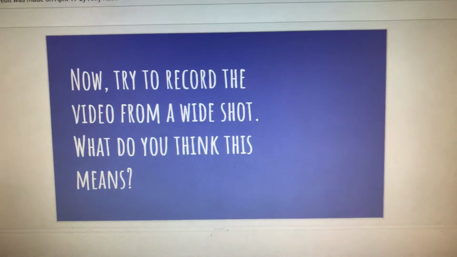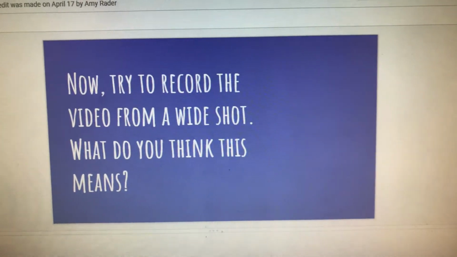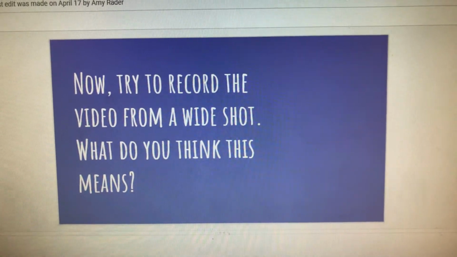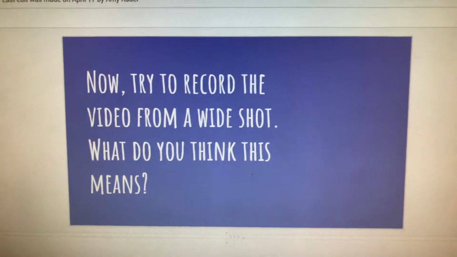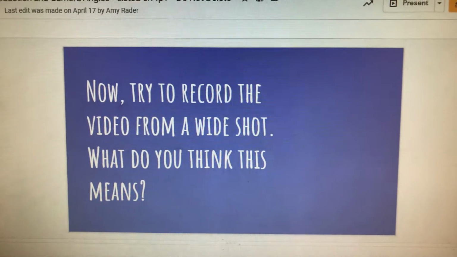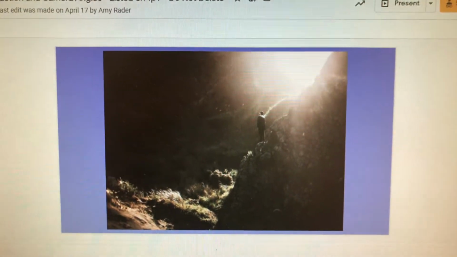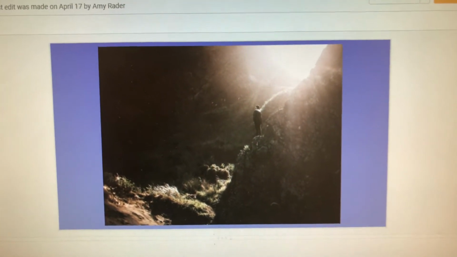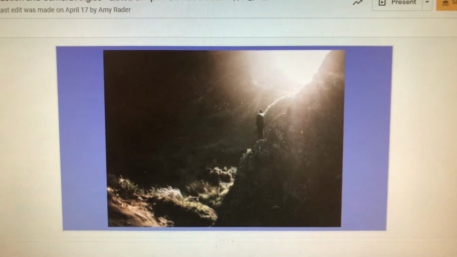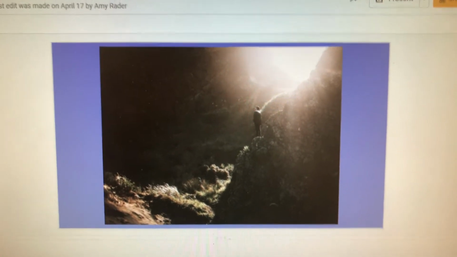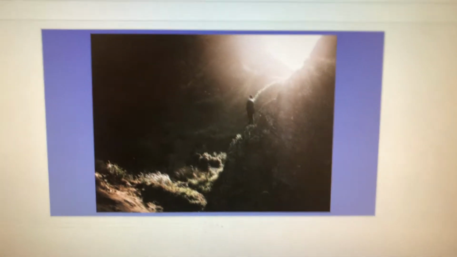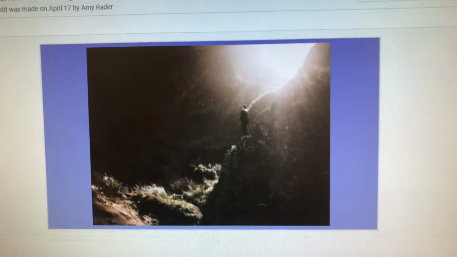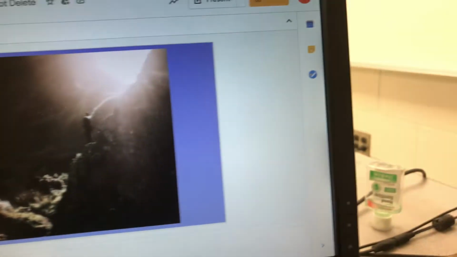Now we want to get our video or our picture shot from a wide shot. What do you reckon a wide shot might look like? This is a wide shot. A wide shot means that you shoot from way far out. It is the opposite of a close-up. It doesn't necessarily have to mean that the picture that you get or the video that you get is a panorama, the kind of pictures that scan all the way left and right.